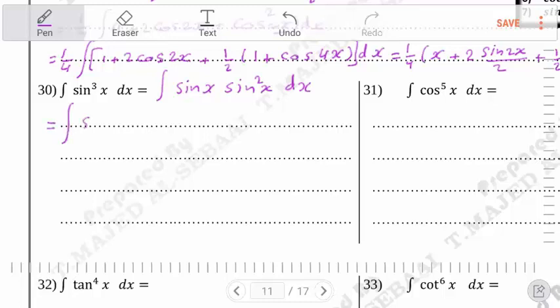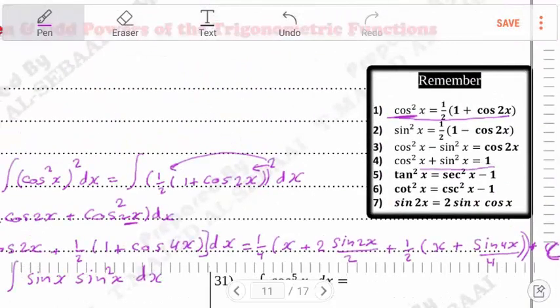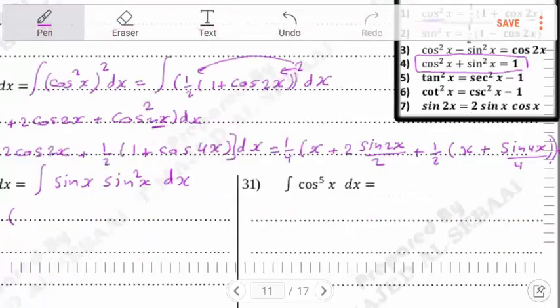Equal integration sine x. Okay, I need you to see from this rule: cosine squared x plus sine squared x equals 1.